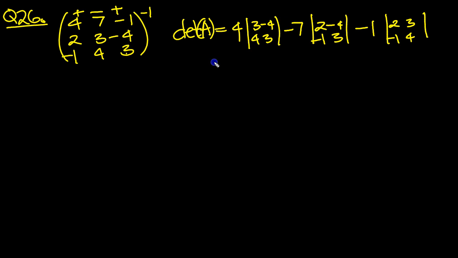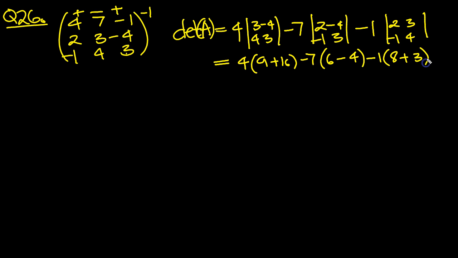There we go. So the determinant then, it's 4. It would be 9. Take -16, so it's plus 16. Minus 7. 6. Take away, and that will give plus 4, so it's just 4. Minus 1 lot of 8. Take away -3. 8 take away minus, so it's a plus 3, yeah?